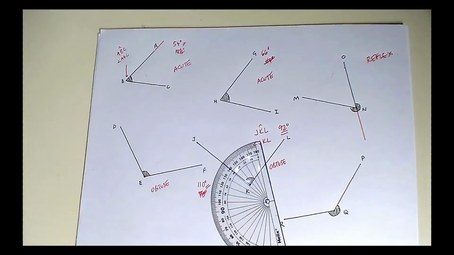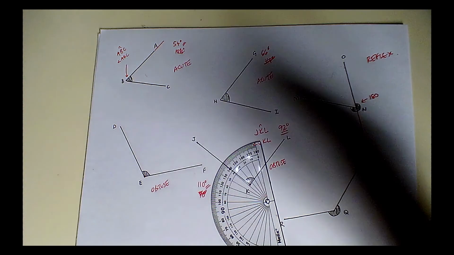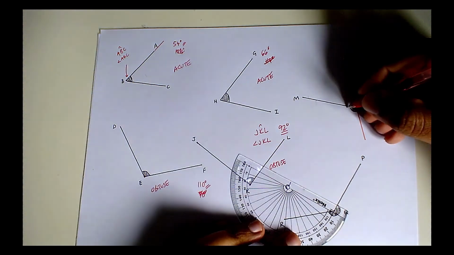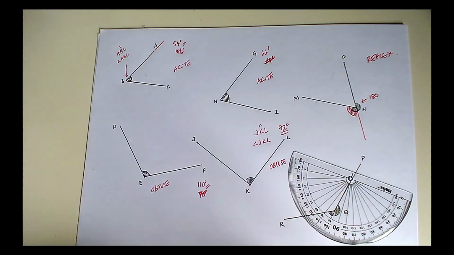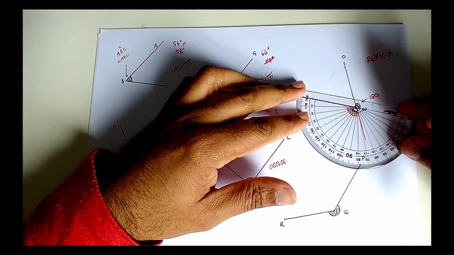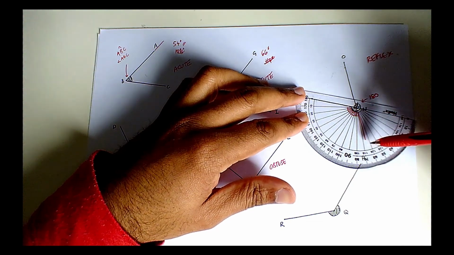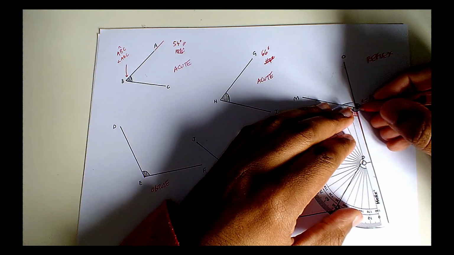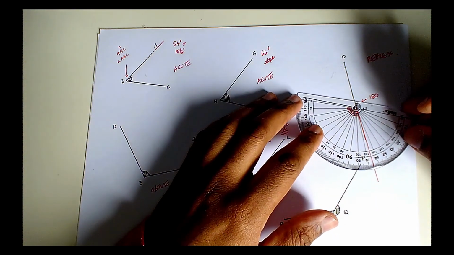So here I've split this angle into two parts. I know that this angle here is 180 because it's a straight line. And now if I measure what this angle here is, which I'll highlight in red, that's going to be an obtuse angle. Again I'm going to put 0 on the line, my center of the protractor on the edge, and although the angle isn't really extending, I'm just going to extend that line a little to make it easier, like so.